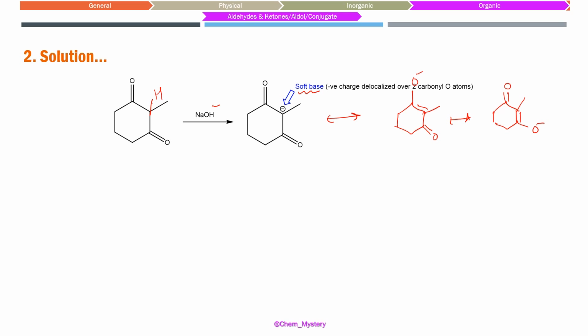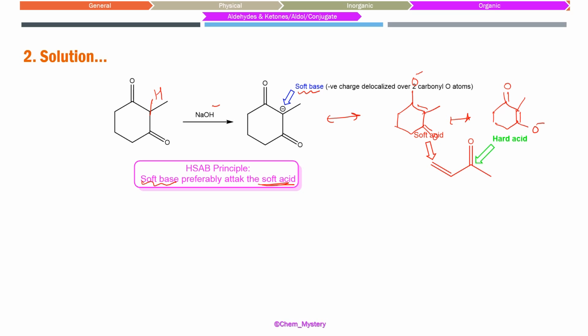Now think about the HSAB principle. This principle tells that whenever we have a soft base, it will preferably attack the soft acid only. So this is our attacking reagent that we have generated. Where it is going to attack, we need to see: there was one conjugated compound. In that conjugated compound, there are 2 ends we can see. One end over here, this carbon, which we consider soft because this is a carbon-carbon double bond, with relatively less polarization in this bond.